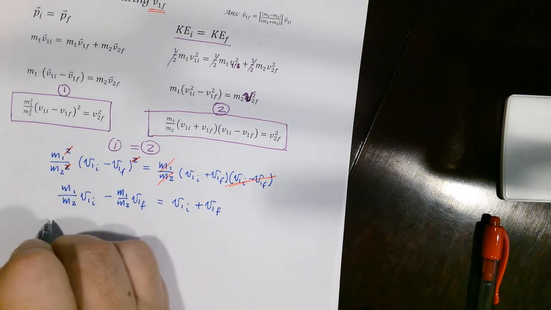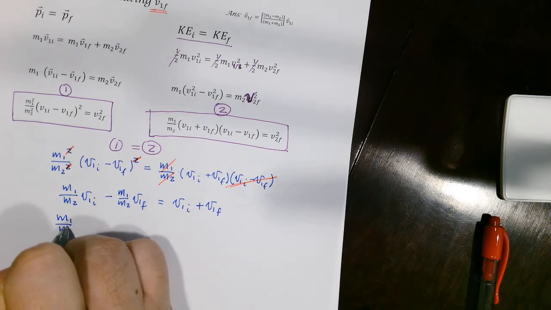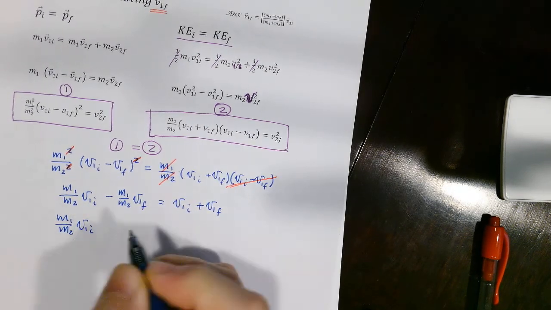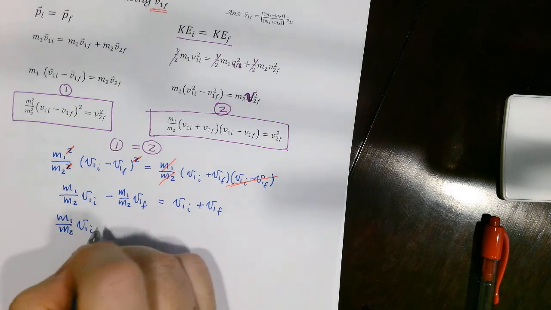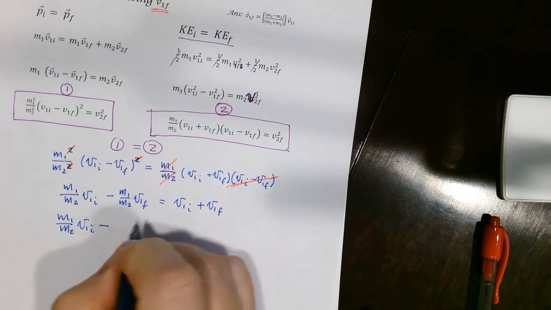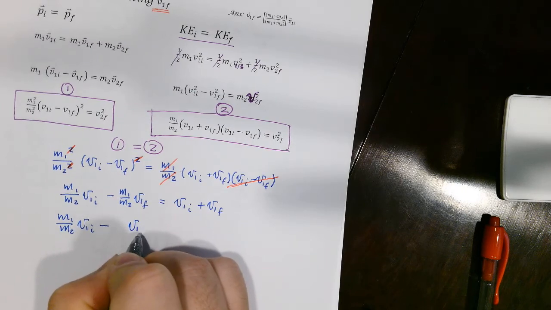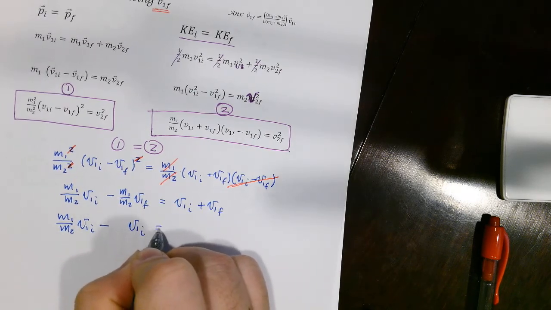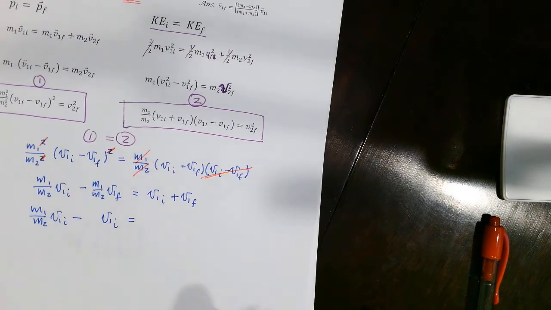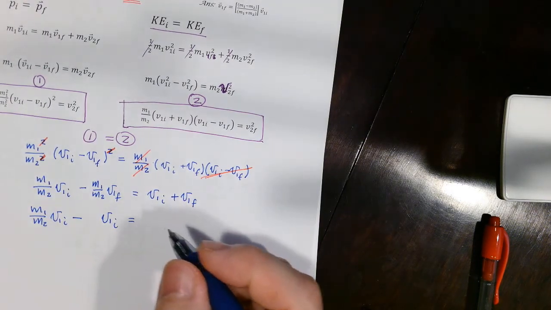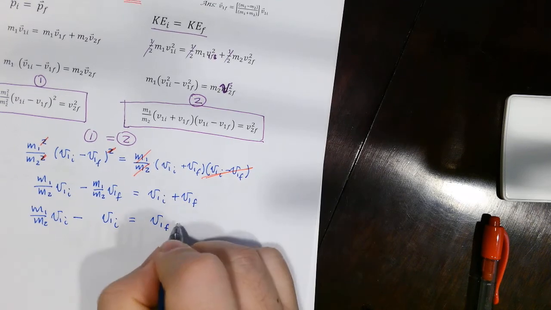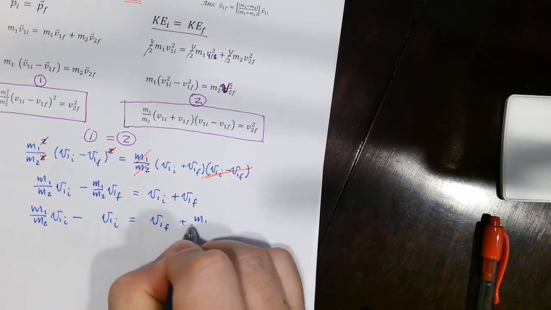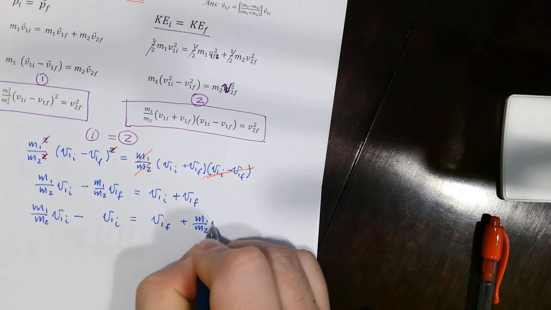So here I would have m1 over m2 v1 initial minus v1 initial is equal to v1 final plus m1 over m2 v1 final.